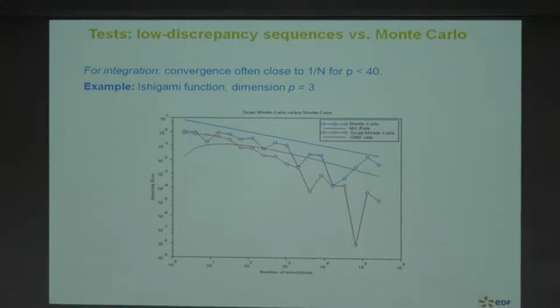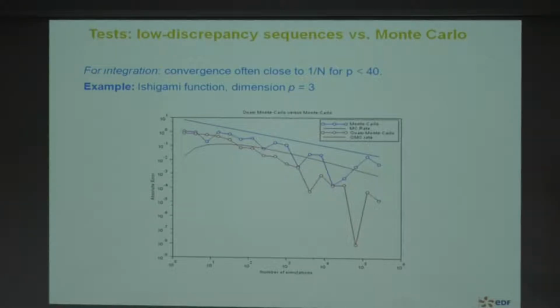I have explained that low discrepancy sequences have a better speed of convergence in terms of error of integration. So we often observe that the convergence rate of a low discrepancy sequence is 1/n, for dimensions smaller than 40.